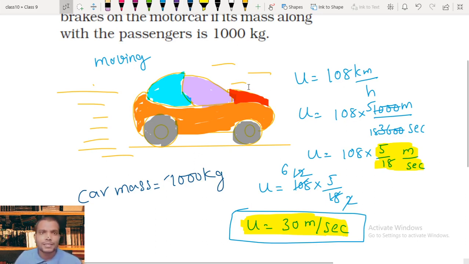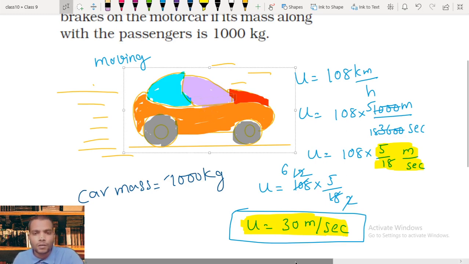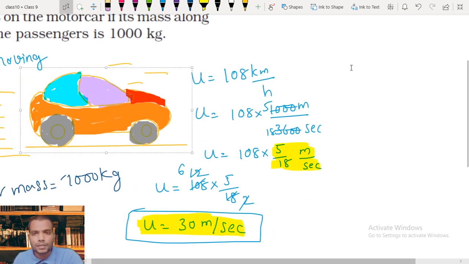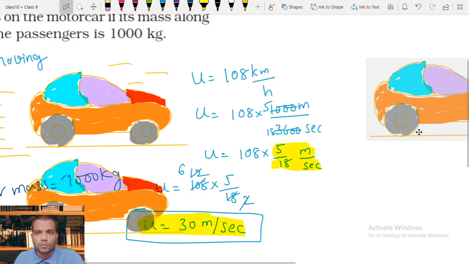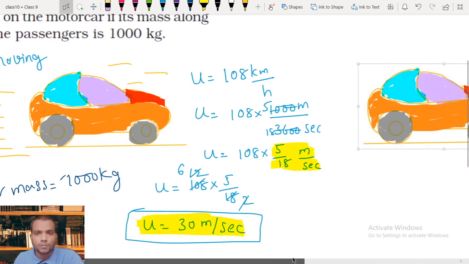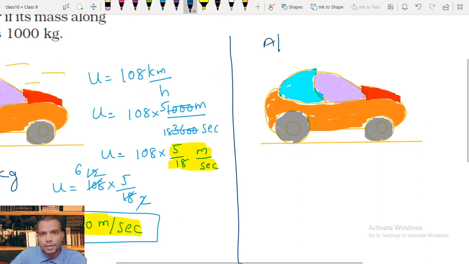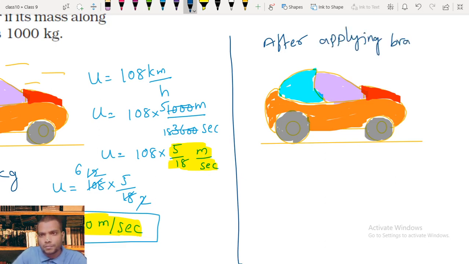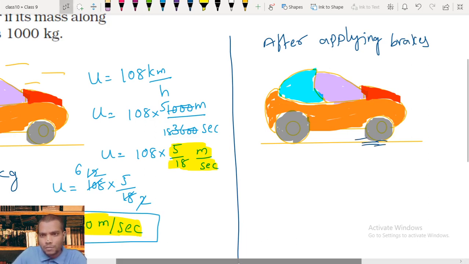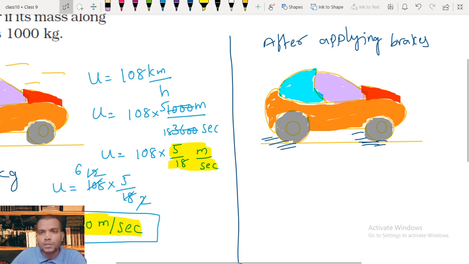Now in the second case, after applying brakes: if the car having initial velocity u, if you apply brakes, the car comes to rest.